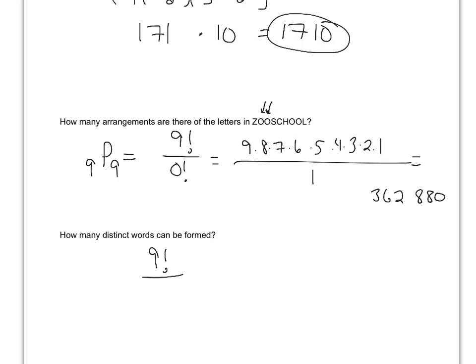But I want to divide by the repeated letters. Now we have only 1 repeated letter, it's O. So I want to divide 9 factorial by 4 factorial, because that's going to reduce the number that have those repeated O's. So that's going to turn out to be 15,120. So a big reduction by not wanting to repeat those letters.